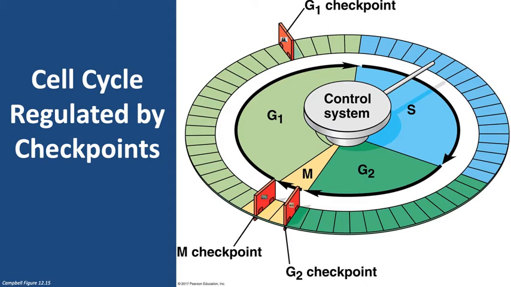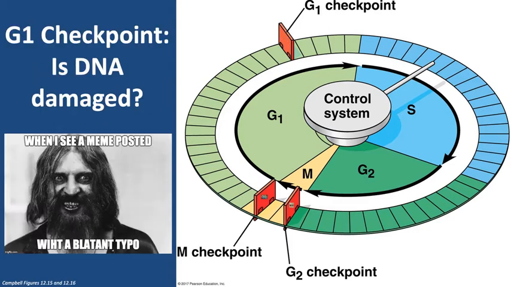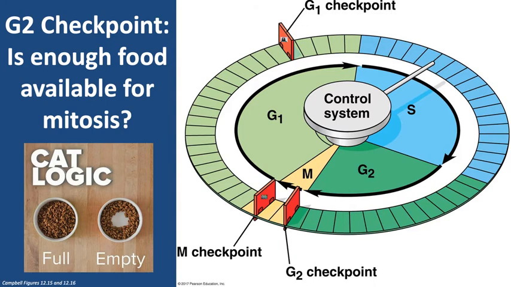I can tell you a little bit about what happens at each. So at G1, the basic idea is the cell is asking, is the DNA damaged? So that's going to happen before the DNA actually gets replicated, which sounds like a useful thing. The G2 checkpoint is sort of a resource check. So it's now asking, is there enough food available for mitosis?